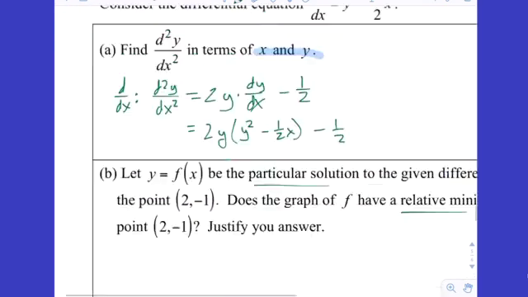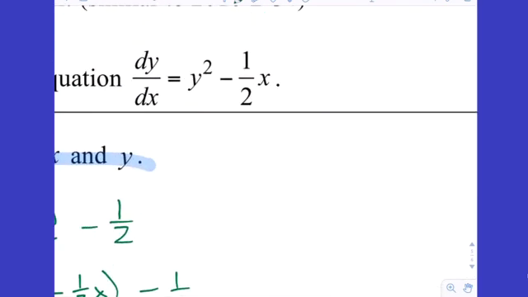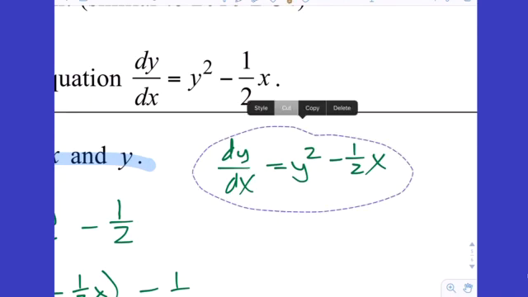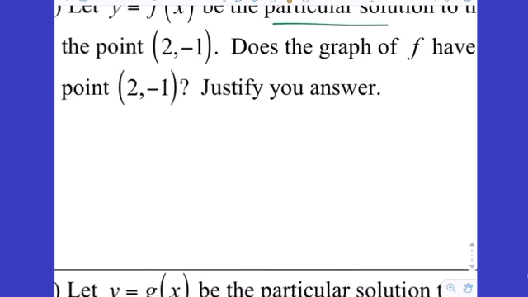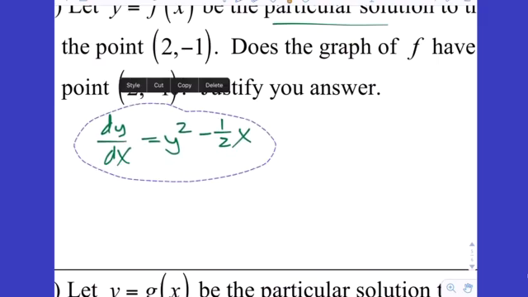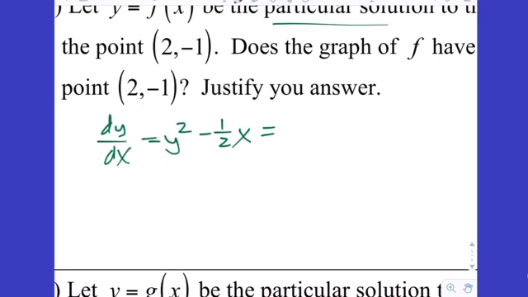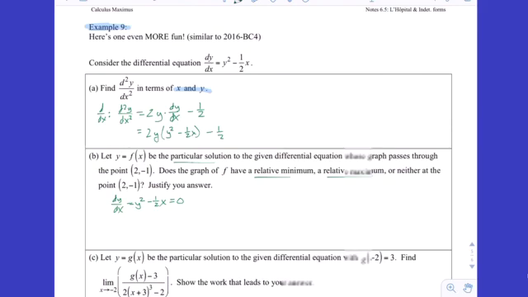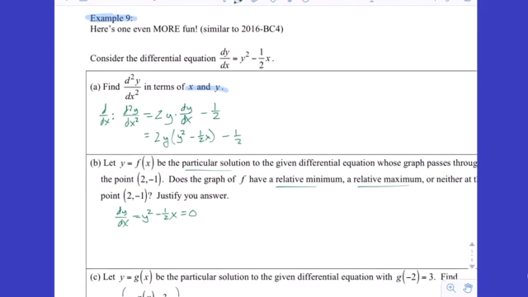So let's go ahead and take the first derivative, which they gave to us, right? dy/dx equals y squared minus 1/2 x. And I'll cut that, paste it down here. And let's see, is it ever undefined? That's the one that most students kind of just overlook. Is the first derivative ever undefined?